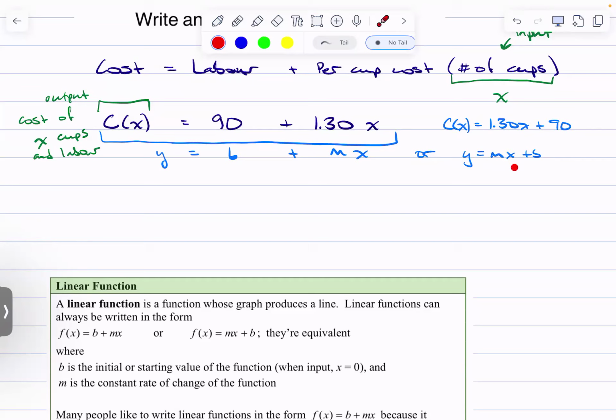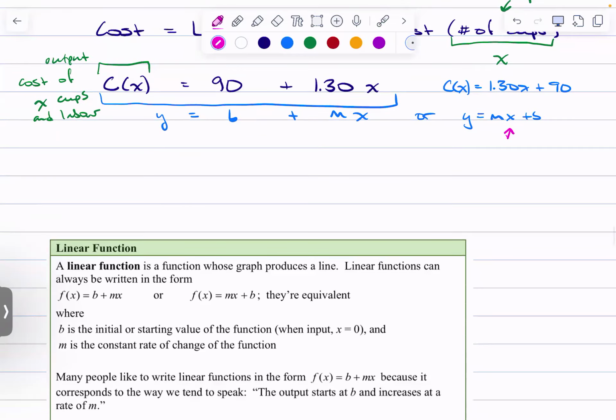No x squareds, no x to the 3s. Just the highest power of x is 1. Notice the highest power of x is 1. That's what makes it a line. Therefore, it is a line.